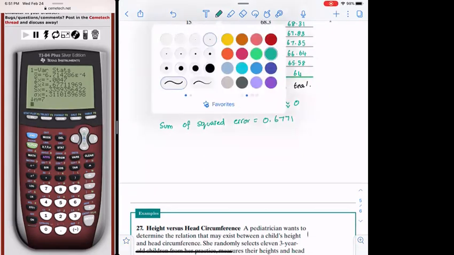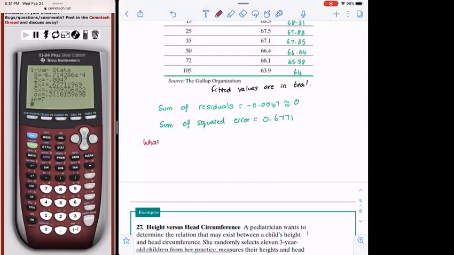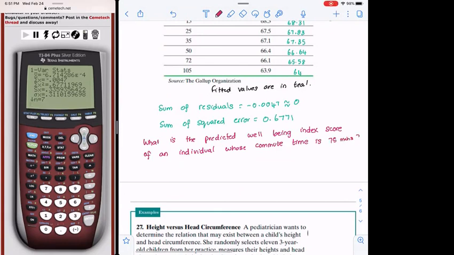So someone asked me, well, based on the model that you have, what is the predicted well-being index score for someone whose commute time is 75 minutes.